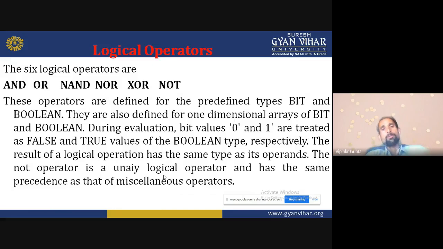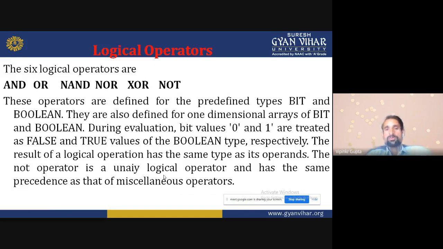These operators are defined for the predefined types bit and Boolean. They are also defined for one-dimensional arrays of bit and Boolean. During evaluation, bit type values 0 and 1 are treated as the false and true values of the Boolean type respectively.